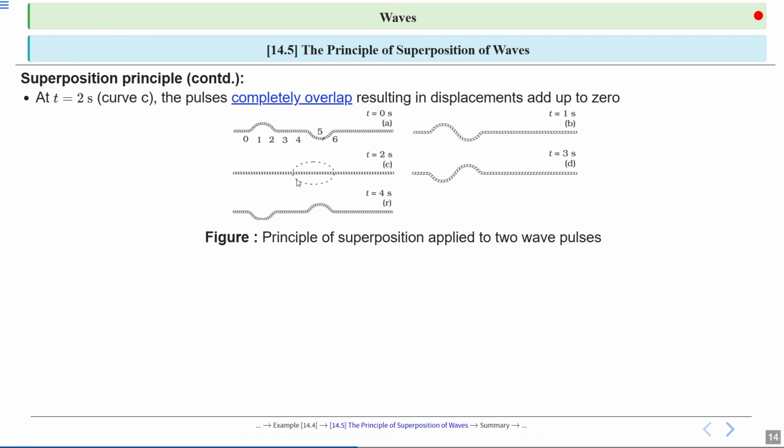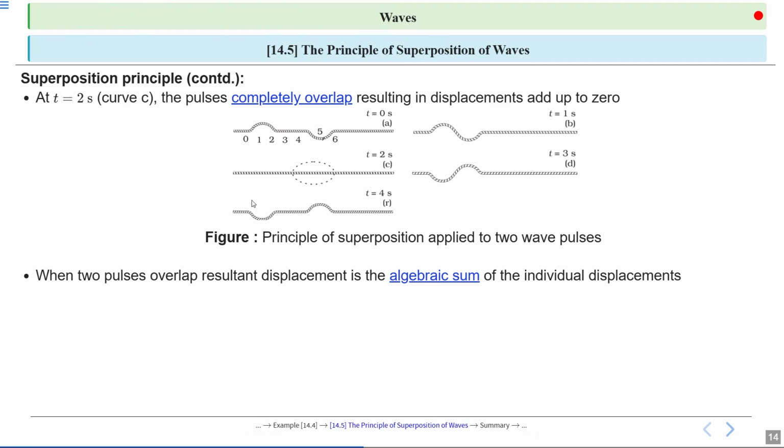This is a great example of destructive interference, where the upward and downward movements cancel each other out. So in the figure, two pulses combine to form a flat line at that instant.